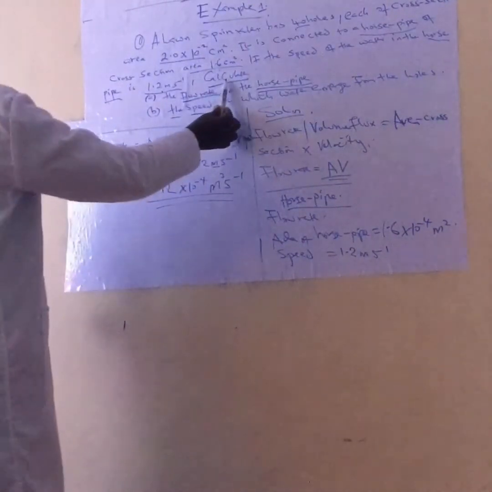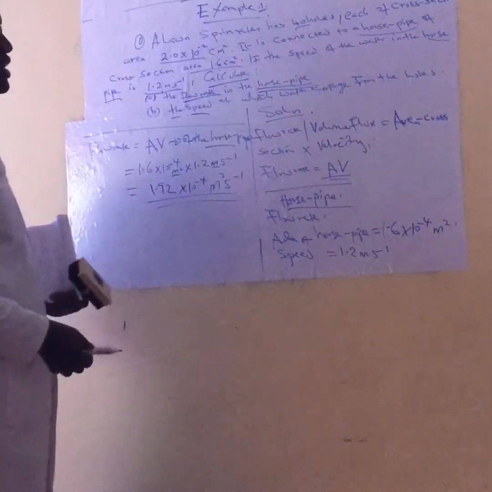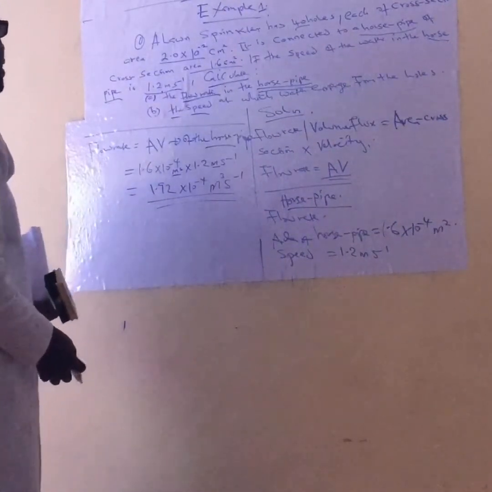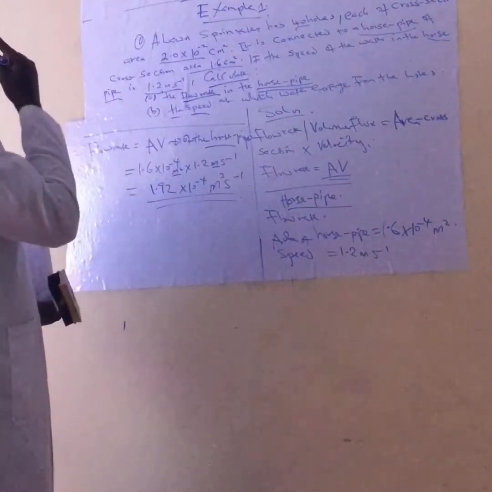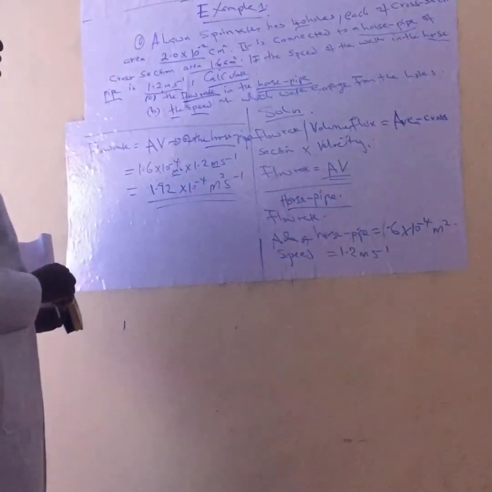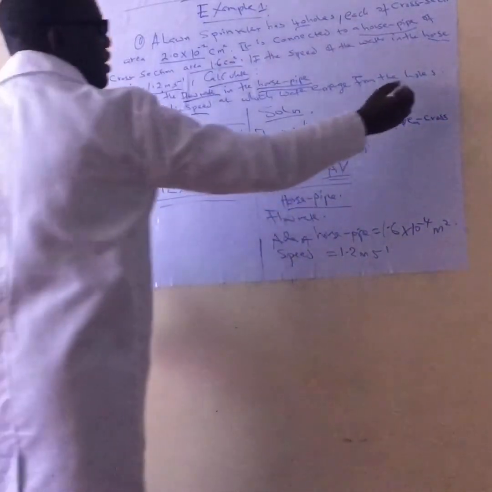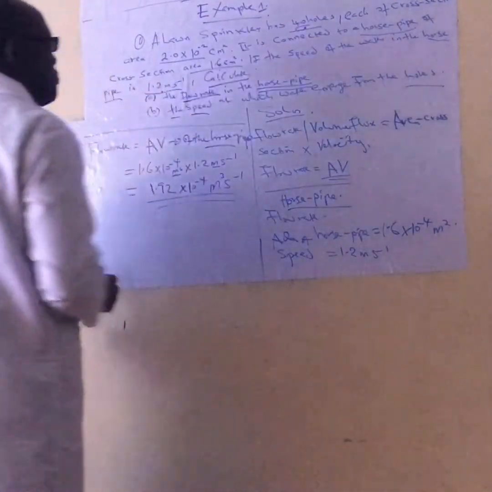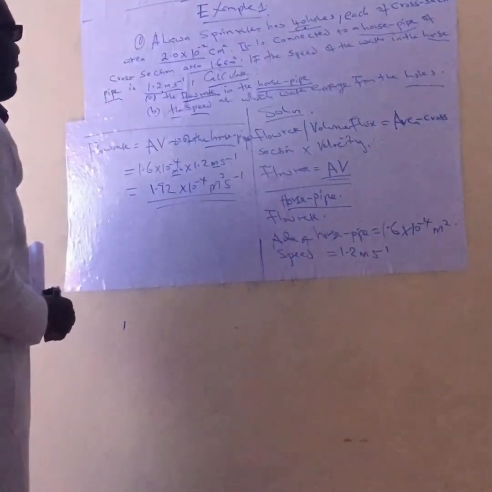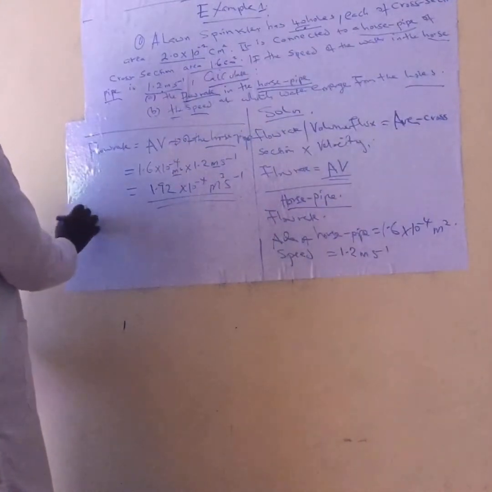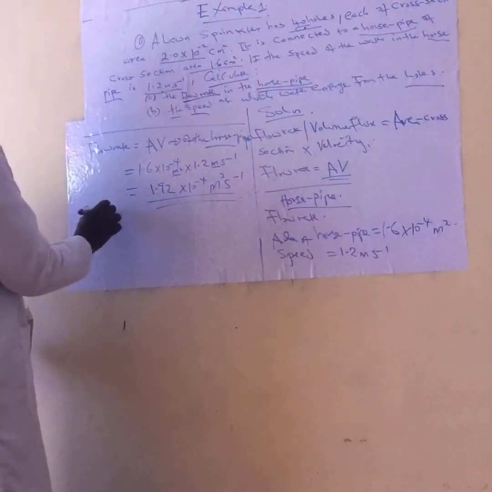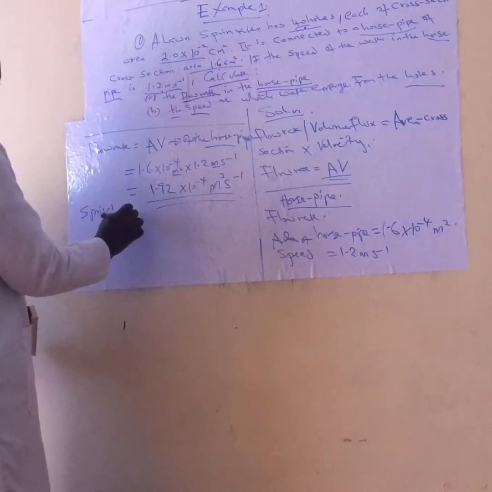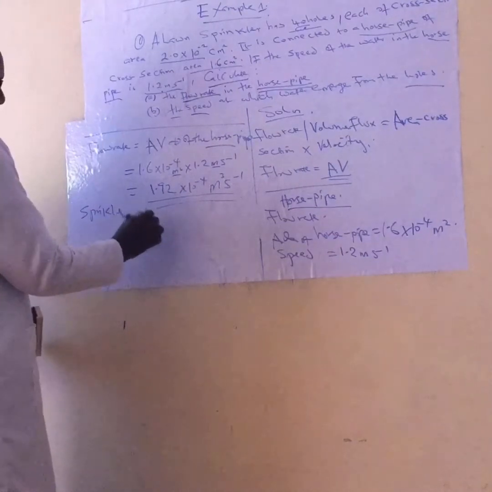Now you go to question B. Then we also ask, calculate the speed at which water emerges from the hole. So we go back to this. We have the sprinkler, and we have the hose pipe.